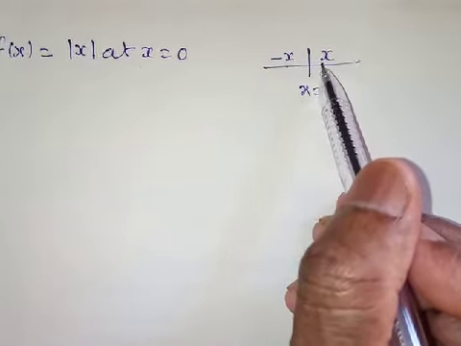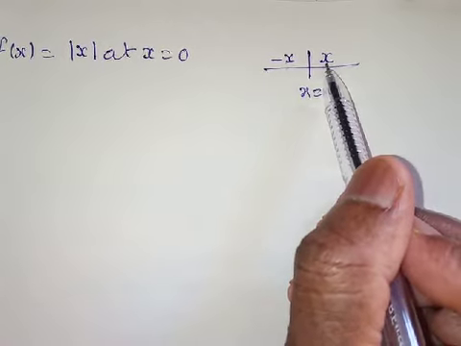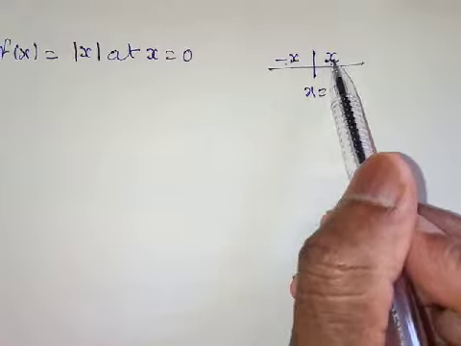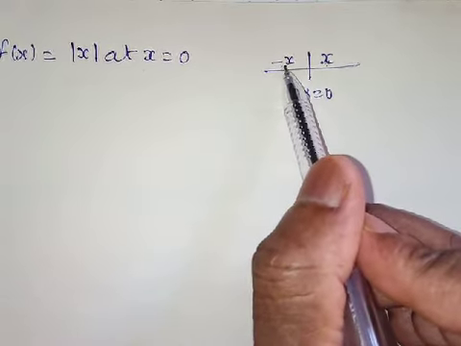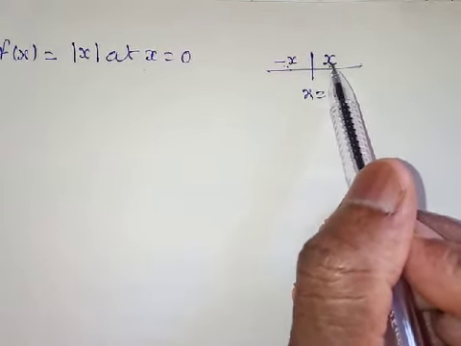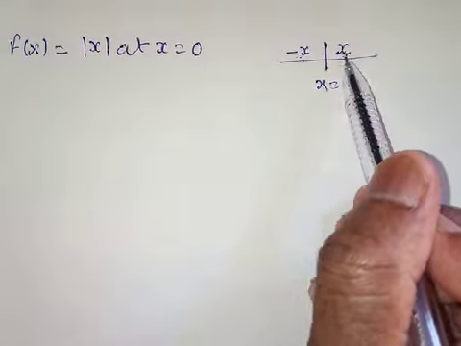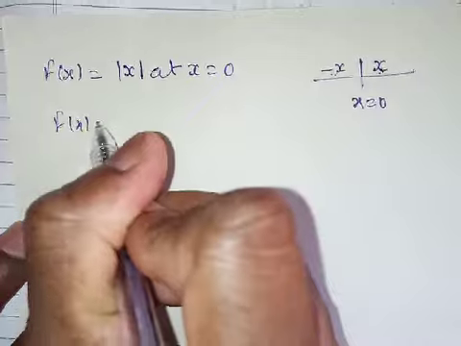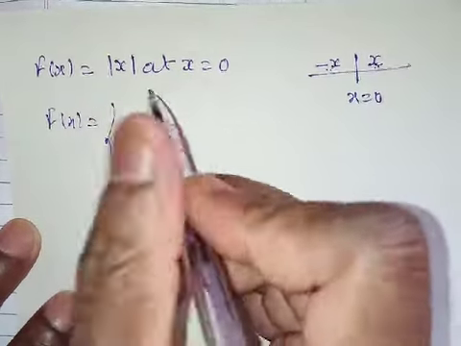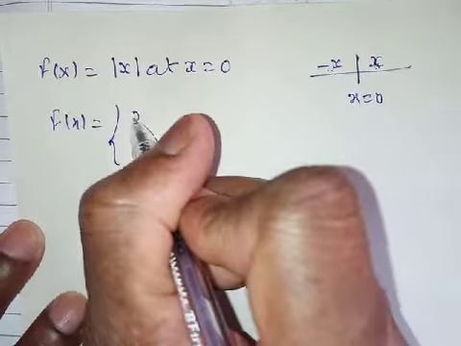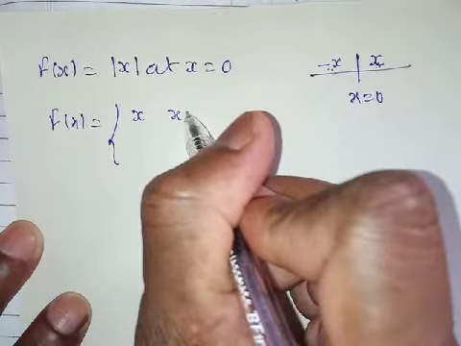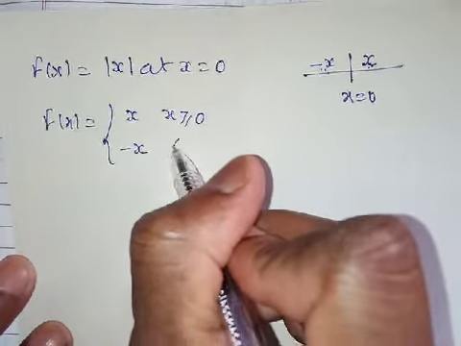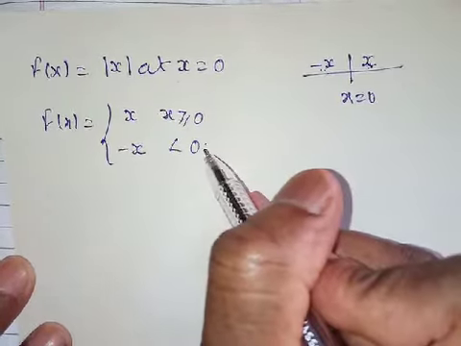Whenever the function is such that the right hand limit and the left hand limit are different, we'll use the second definition. So first we'll write f(x) is equal to plus x when x is greater than or equal to 0, and equal to minus x when x is less than 0.